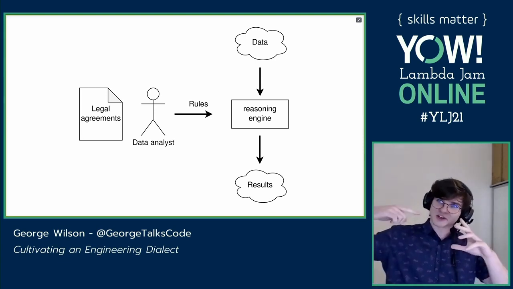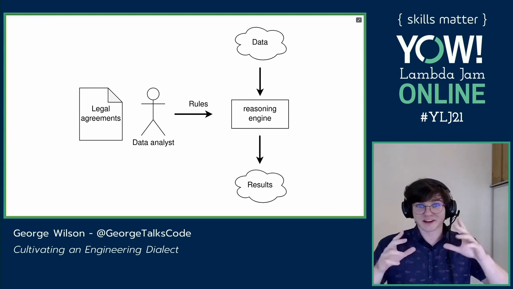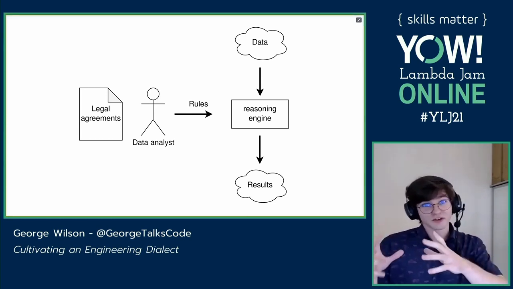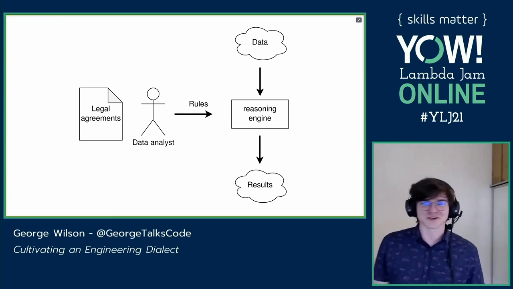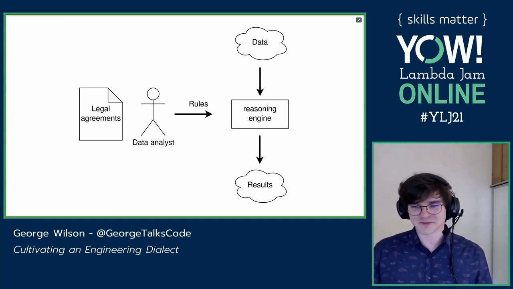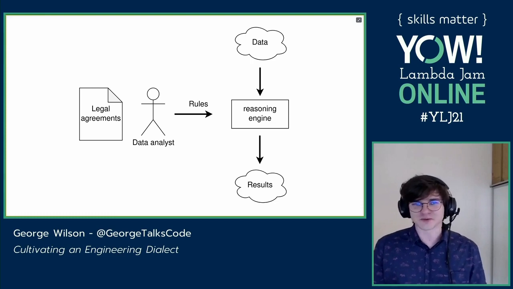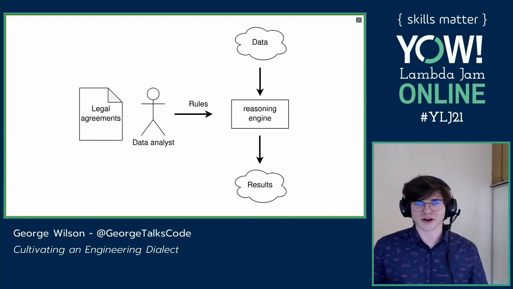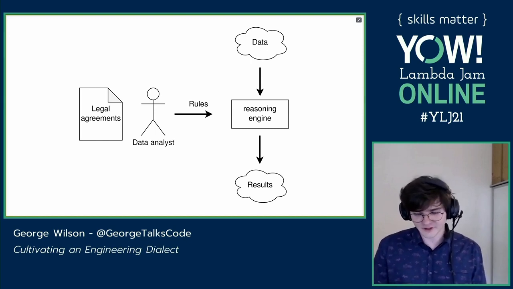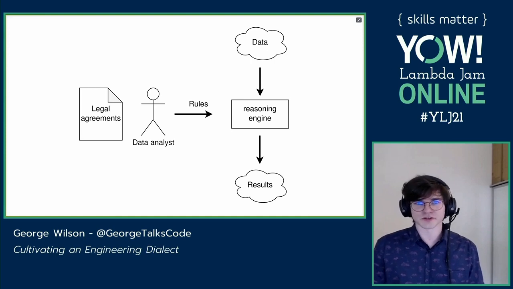Data comes in the top and results come out the bottom, and we need a whole bunch of rules to configure what the box does. That's called programming. That's a programming language problem. And indeed, a lot of the problems that I'm solving day to day have a programming language shape or flavor to them. And so we've decided to use some tools that are very well suited to programming language shaped problems.